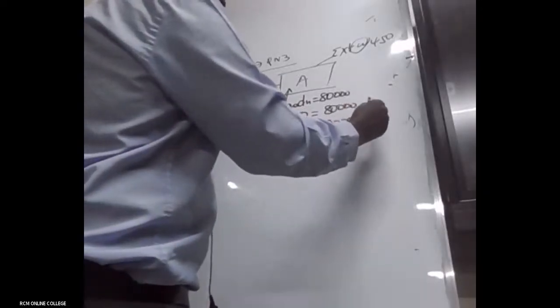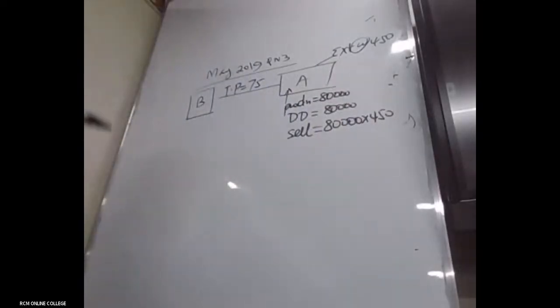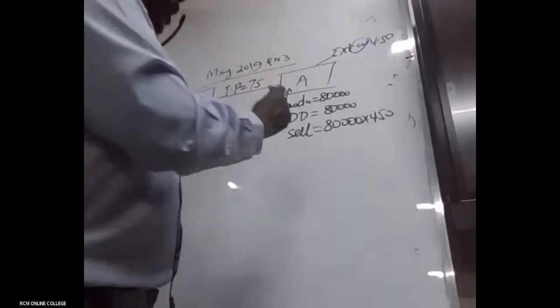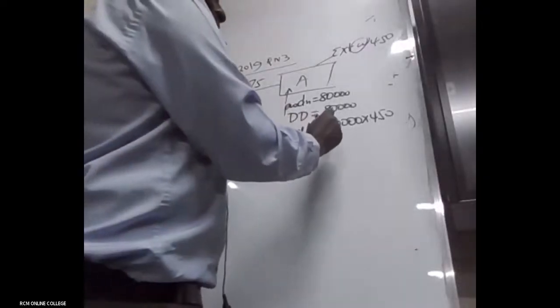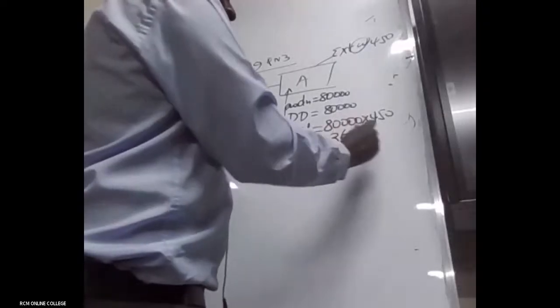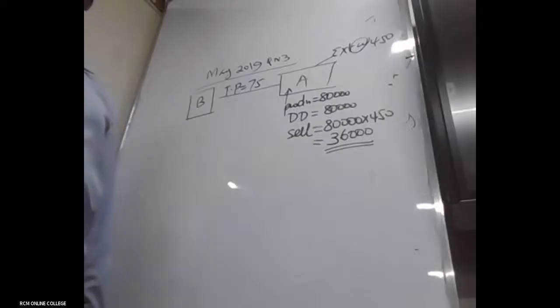And we know that each one is how much here, somebody? 450. What is 80,000 times 450? Can we do our figures in thousands? Let's do all our figures in thousands. 36,000. Our figures are in thousands. 36,000.